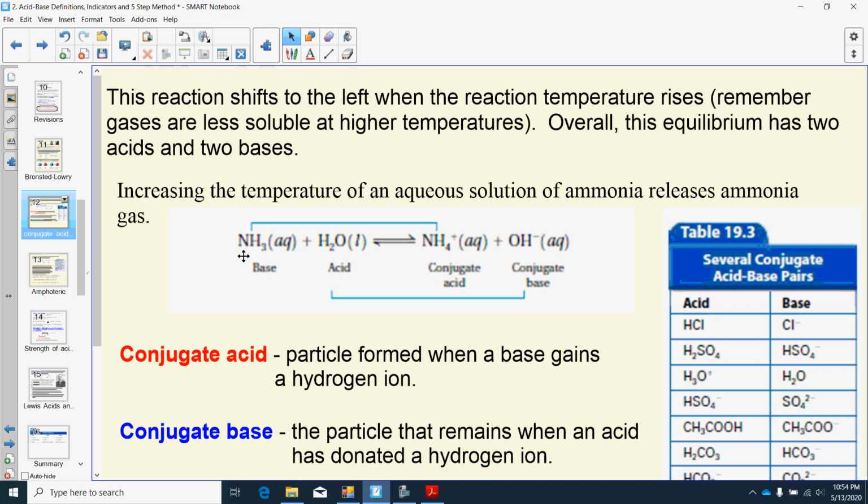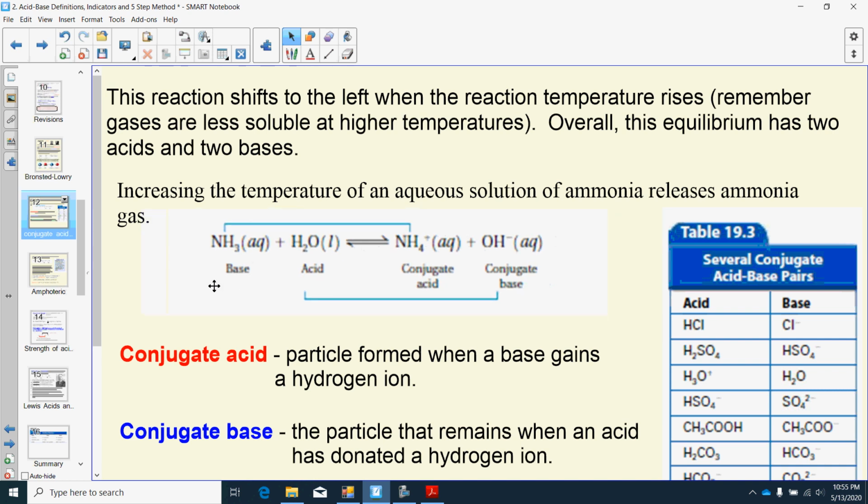And we know, thanks to Le Chatelier's principle, that the equilibrium is going to shift so that it can fix itself. So if the concentration of ammonia drops due to a temperature change, this equilibrium is going to shift left. And so I wanted to show you guys that the forward reaction is occurring and the reverse reaction is occurring at the same time.